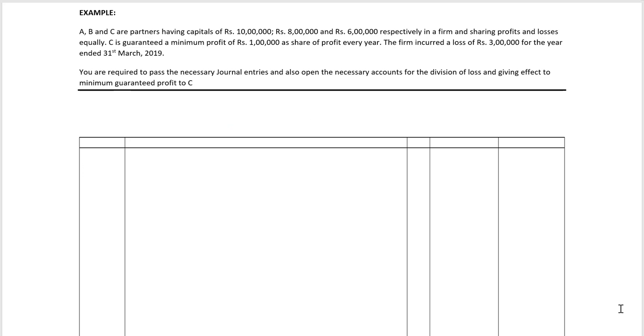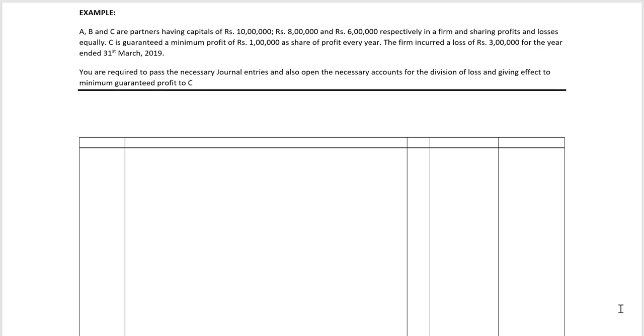Example: A, B and C are partners having capitals of rupees 10 lakh, rupees 8 lakh and rupees 6 lakh respectively in a firm and sharing profits and losses equally. C is guaranteed a minimum profit of rupees 1 lakh as a share of profit every year.